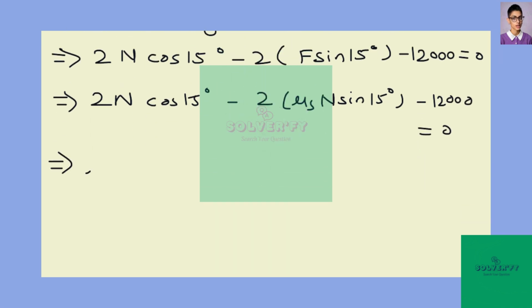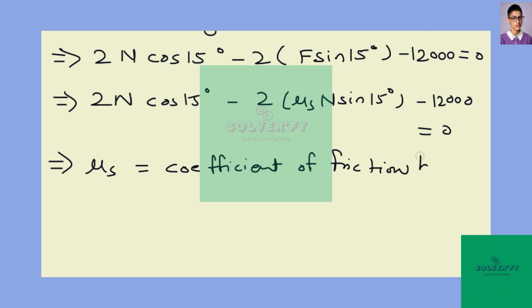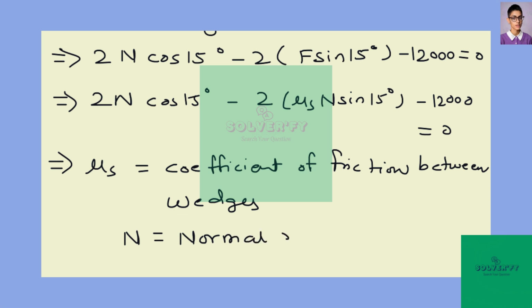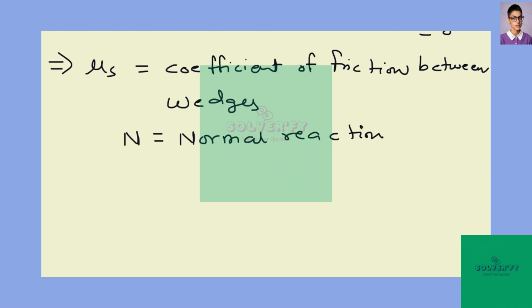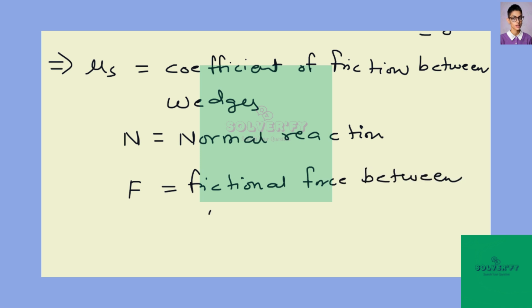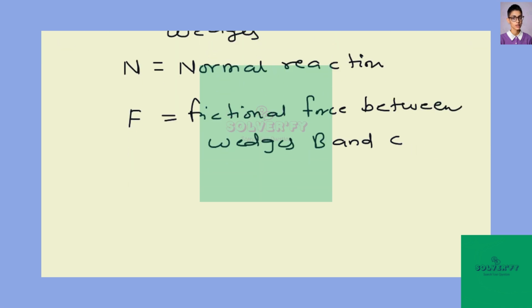Here mu s is the coefficient of friction between wedge B and C, N is the normal reaction and F is the frictional force between wedge B and C.